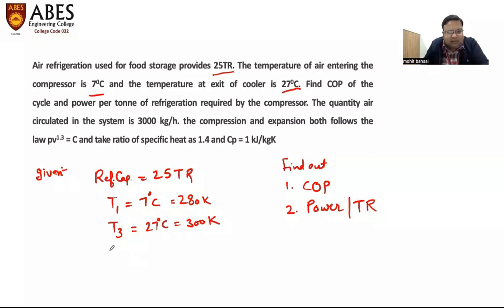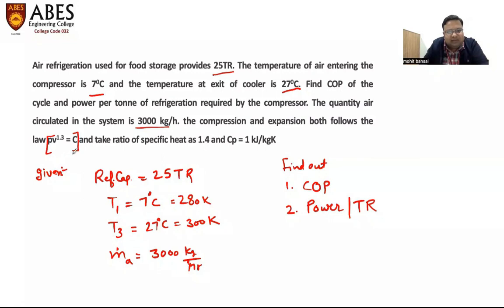The mass flow rate of the air which is circulated in the system is given. Mass flow rate of the air is 3000 kg per hour. So we can convert this into kg per minute and kg per second. Then the compression and expansion both follow the law PV^1.3 = constant.